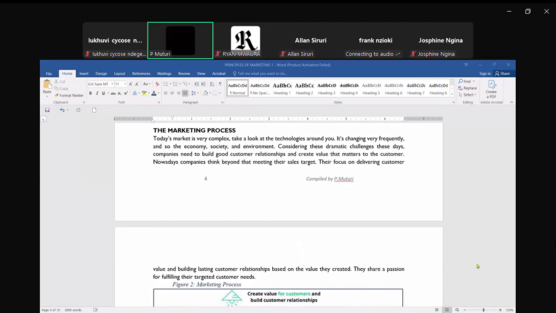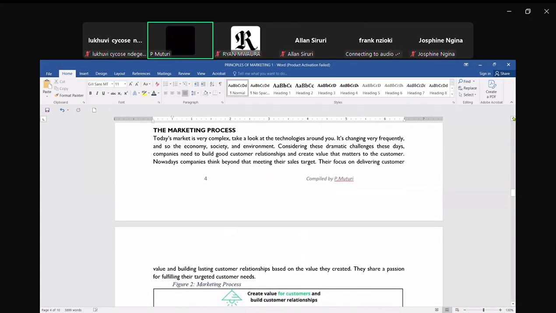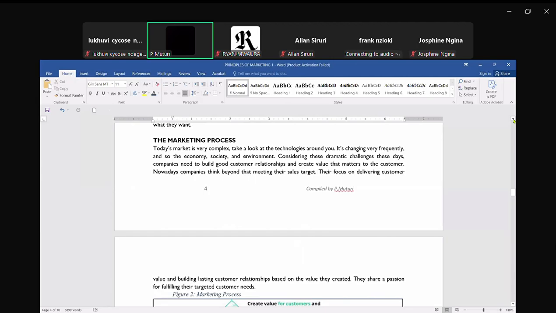So the marketing process. Remember, we said marketing is a science because it has a process, but it is also an art because it requires certain skills and creativity, and that is the art part of it.